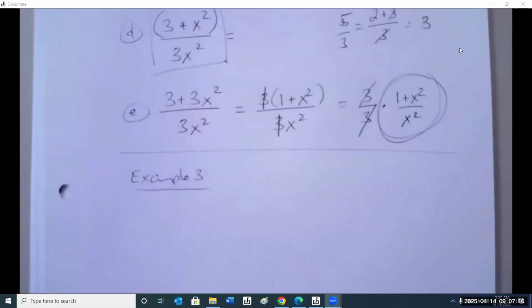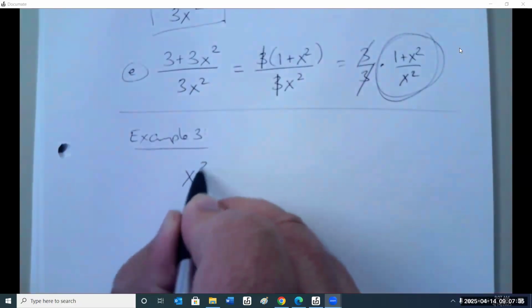And don't feel bad. You guys fell in the same trap that millions and millions of other students throughout history have always fallen into. That's the reason people don't like fractions, because the rules are very, very specific and we have to follow them.